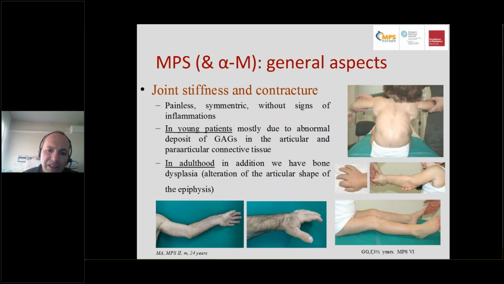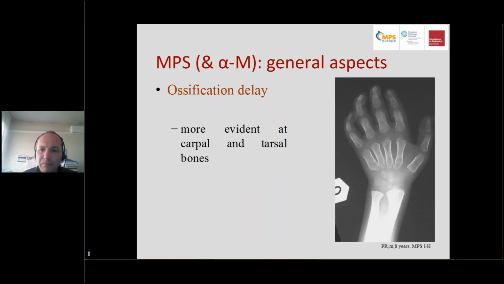In adulthood, in addition to the problem of the soft tissue, we have the dysplasia of the bone, so in an X-ray of an adult we also have alteration of the joint line. But this is typically not present in children, and probably this is why we observe a stiffness release with enzyme replacement therapy in younger patients.